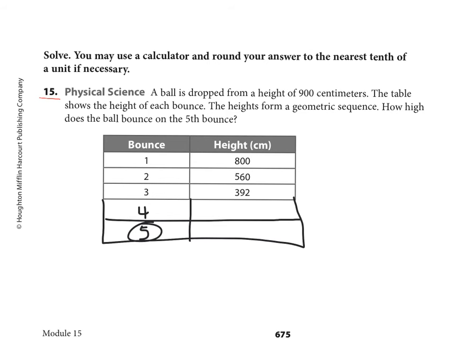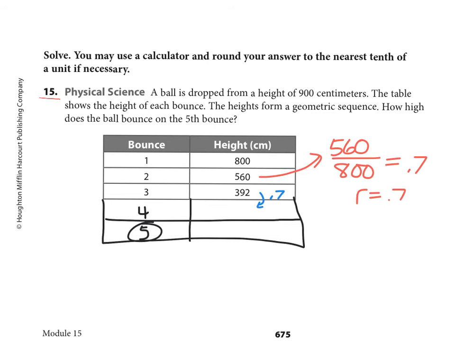Again, how do I get my R? You take the second term and divide it by the first term. So if I do that, that's 0.7. So my R here is 0.7. If they wanted it as a fraction, you would type 7/10. So what am I going to do? I'm now going to get my fourth term by taking 392, and I'm going to multiply that by 0.7.